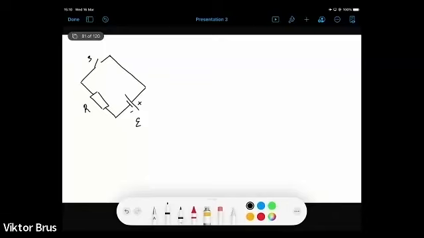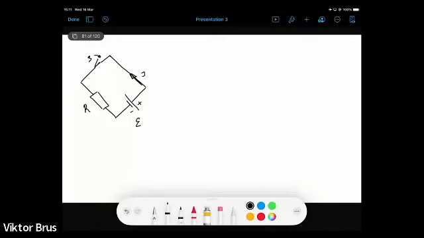Now let us consider what will happen when we turn on this switch. So it goes into this position. Obviously some electric current should flow through the circuit.